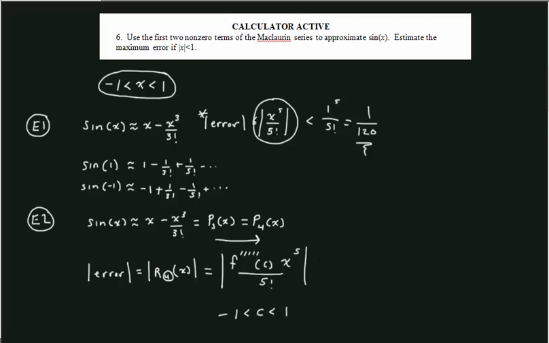All right, so we have to figure out now, here's kind of the key to this, the fifth derivative at c. Well, the first derivative of sine would be cosine. The second derivative would be negative sine, then negative cosine, then back to sine. One more derivative would bring us to the cosine of c.